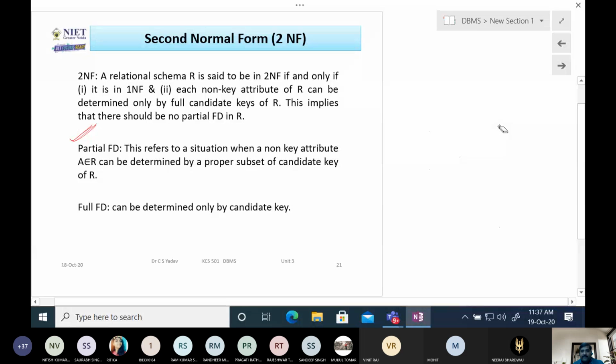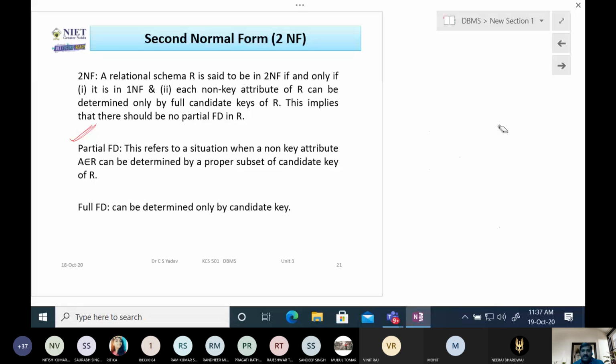So normalization is a formal scientific method for analyzing complex relations and then decomposing those complex relations or tables into simpler, smaller and well-structured relations.